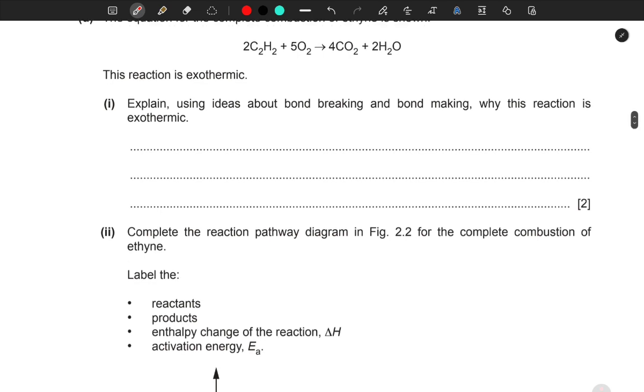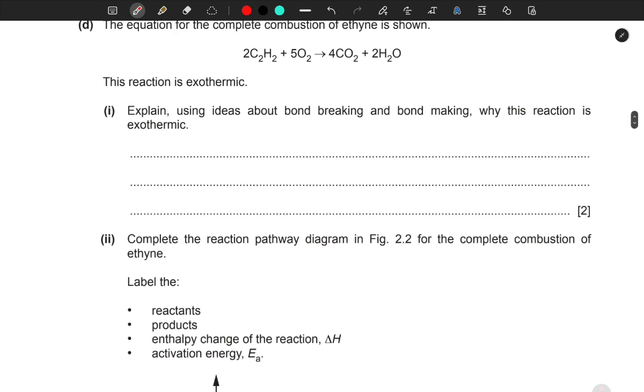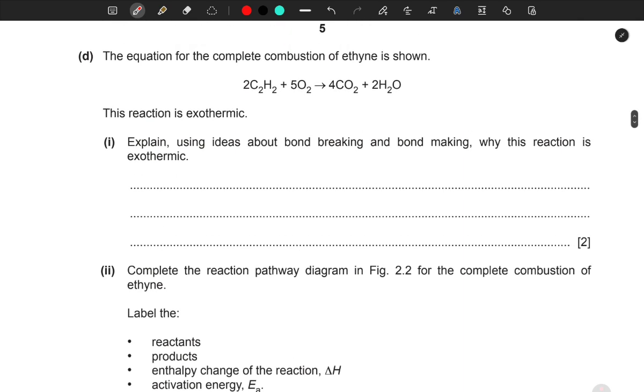Okay, so they are trying to say why this reaction is exothermic. There could be a lot of ideas about exothermic reactions. For example, this one is burning to give us this.